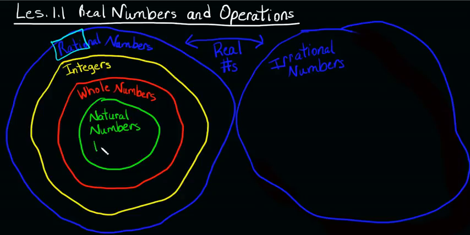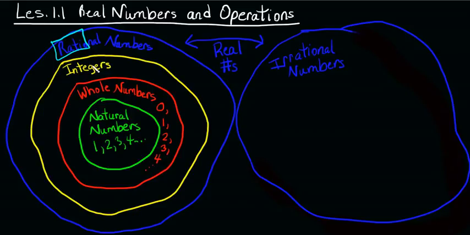Numbers such as 1, 2, 3, 4, and so forth. That's the easiest way to think about it. Whole numbers have only one difference from natural numbers: whole numbers include 0. So we've got 0, 1, 2, 3, 4, and so forth.